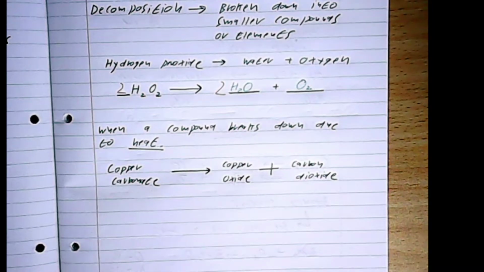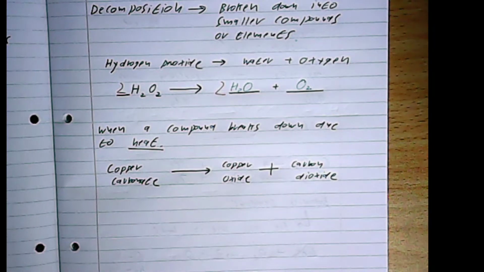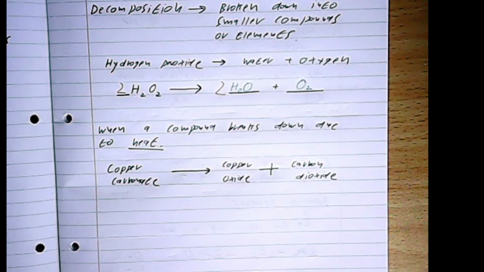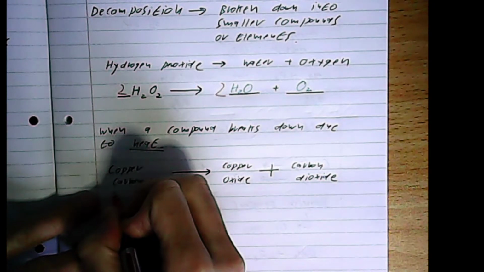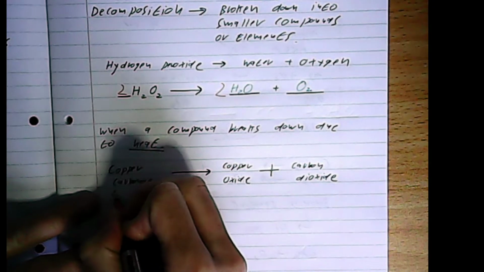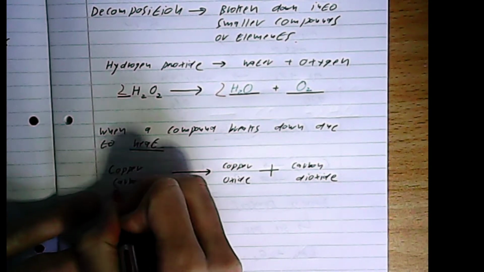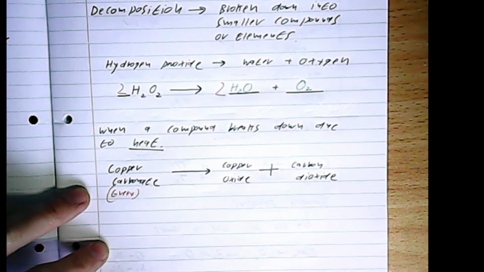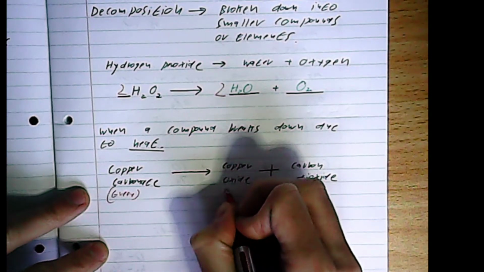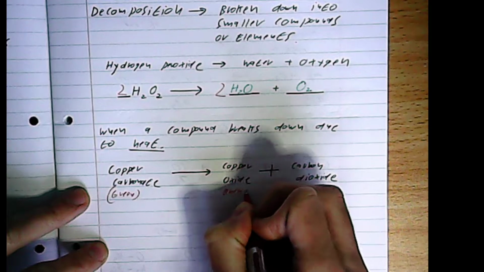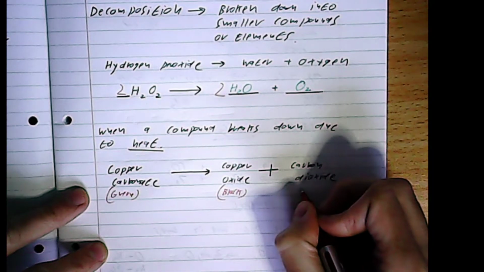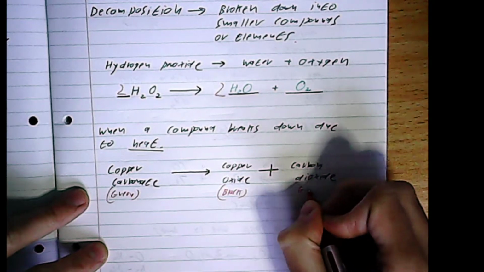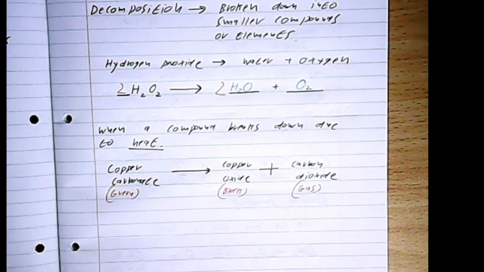Copper carbonate, when heated, breaks down into copper oxide and carbon dioxide. If you want to add an extra little note as well, copper carbonate is a green powder or green solid. Copper oxide, in this case, is black, and carbon dioxide is obviously a colourless gas. But you guys know that because we've looked at carbon dioxide before.